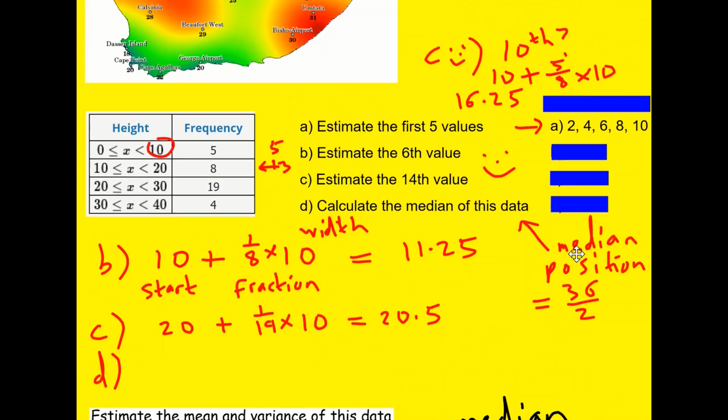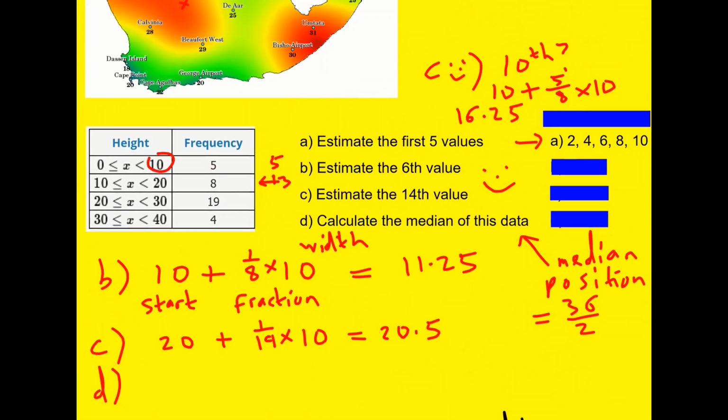Okay, so now that I've made that apology, back to this, the median position is going to be the 18th value. And once we've got that, we're back to where we were. Okay, so the 18th value is going to be in here, but it's going to be the 5th value, because I'm up to 13, so the 5th value in this final group.